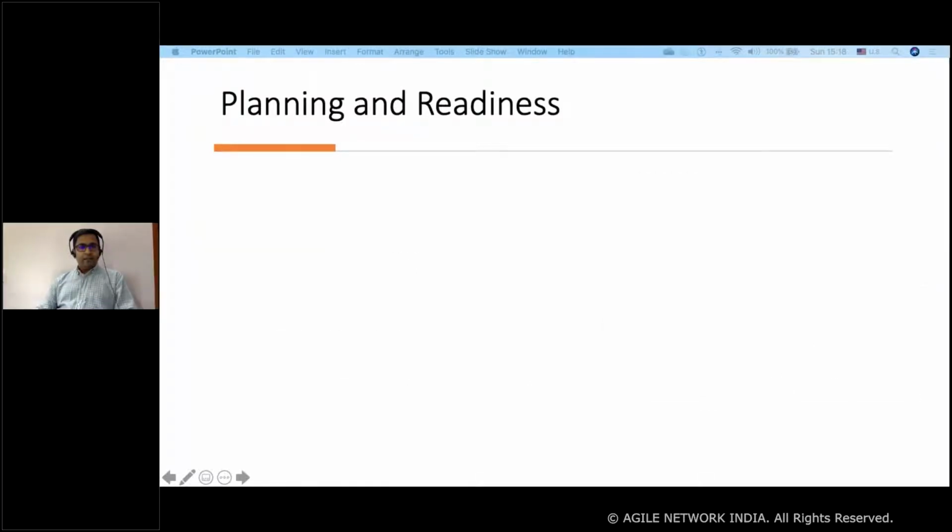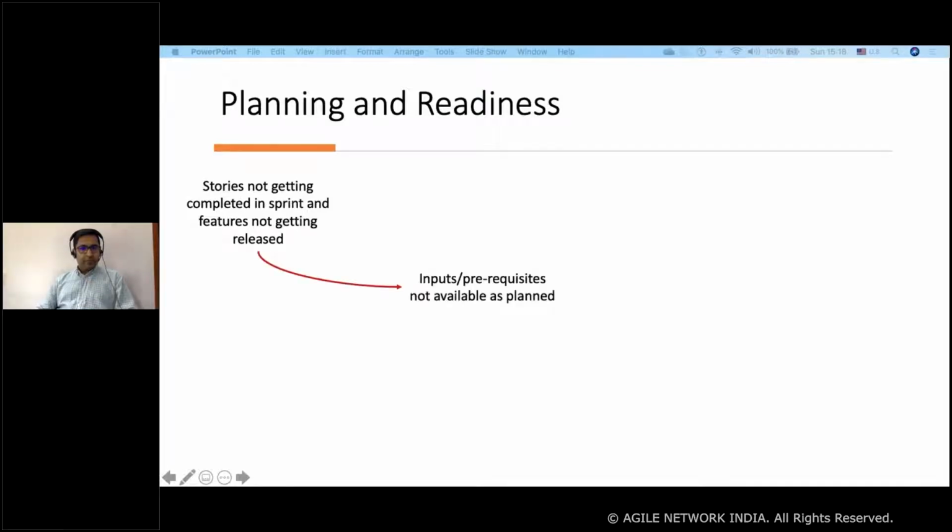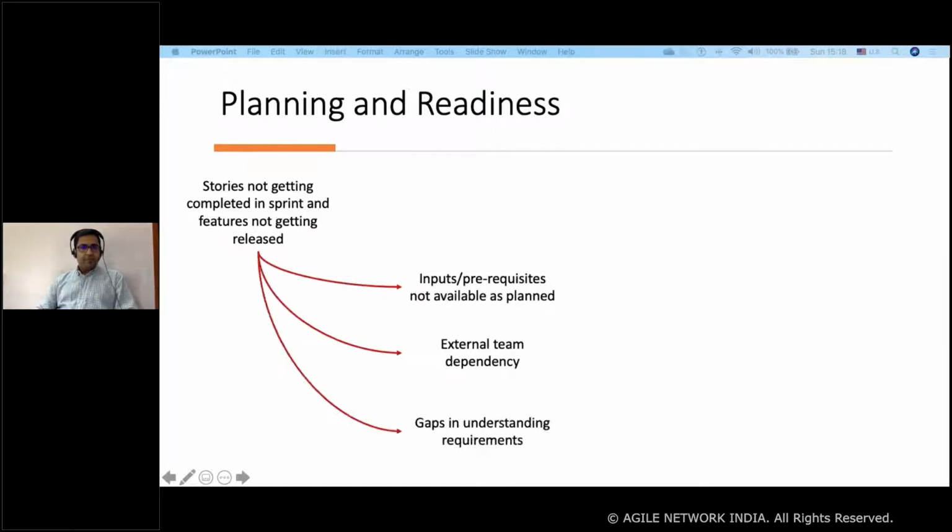The second and most important challenge was related to stories not getting completed in the sprint. Again, this was caused by various factors. The input and basically the readiness of the story. Inputs and prerequisites were not planned.